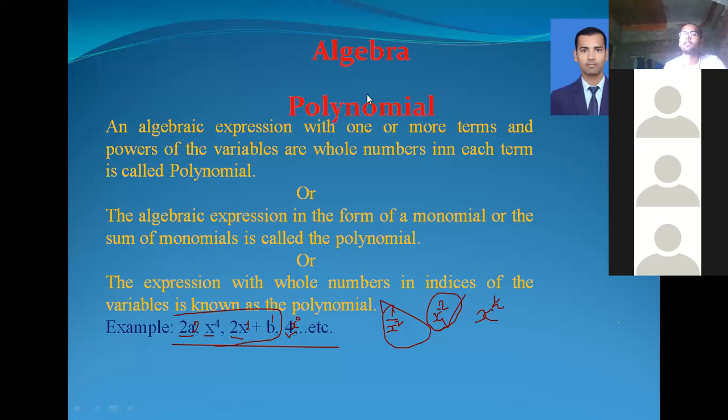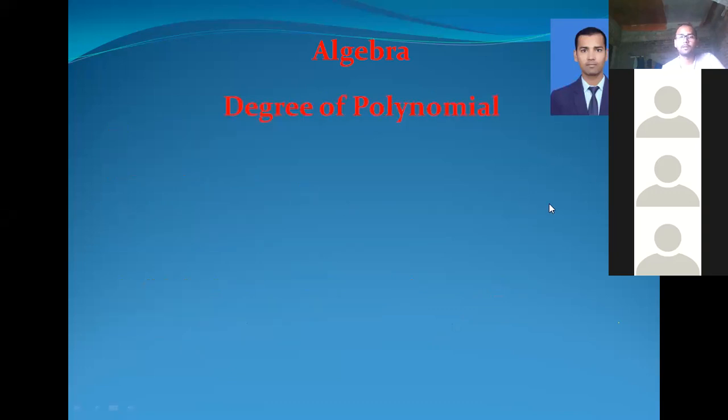In this way, let's talk about the other content, that is the degree of polynomial, which is given to you on the screen here. As we know, the degree means the power of the polynomial, identified by the power of variables in each term of the expression.